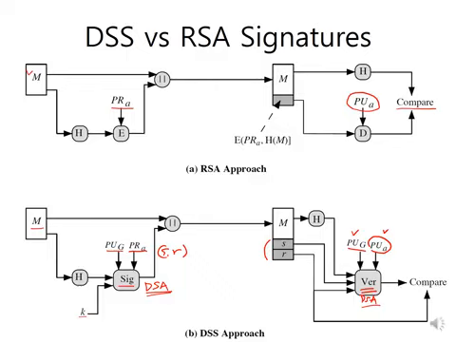And then on the basis of S and R, the condensed message M, the global public parameter, and the public key of the sender, he can compare the computed one and the received one. If the comparison result is correct, then we can verify the signature. So this is the DSS approach. And let's see the inside of the DSA algorithm in the next slide.